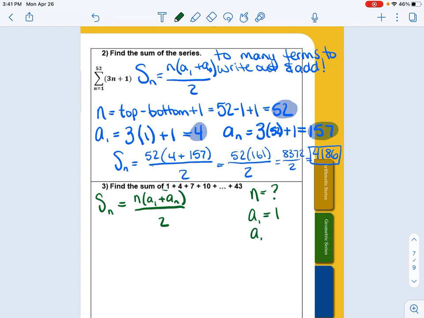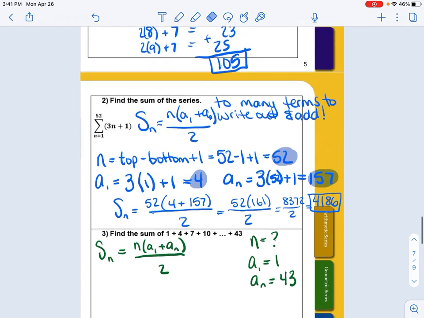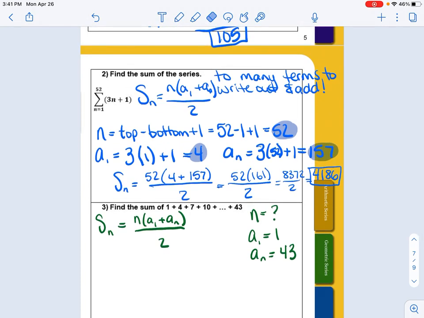We know our first term is 1 and our last term is 43. It's still following arithmetic sequence ideas, so we can find our common difference. It looks like we're just adding 3 between each term. Nothing super crazy. And we can find n now.